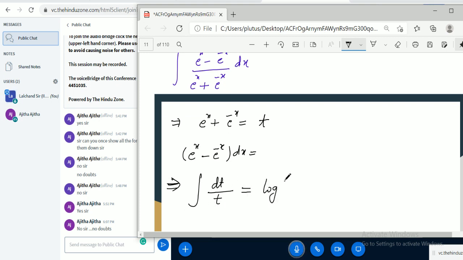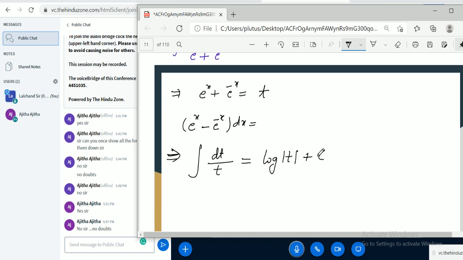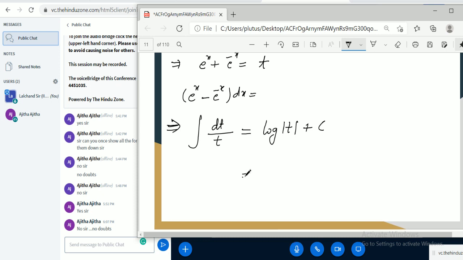The log of t. So what is the value of t? If we back substitute the value of t, then this integral will be log of (e to the power x plus e to the power minus x) plus c, isn't it? This is the integral. Okay, are you getting this question up to this?